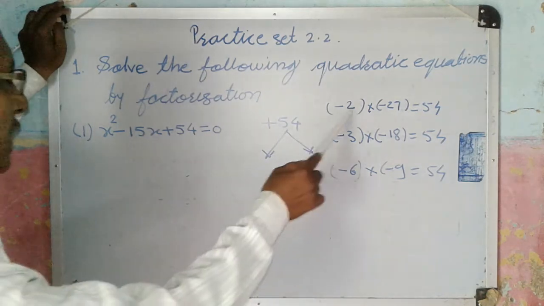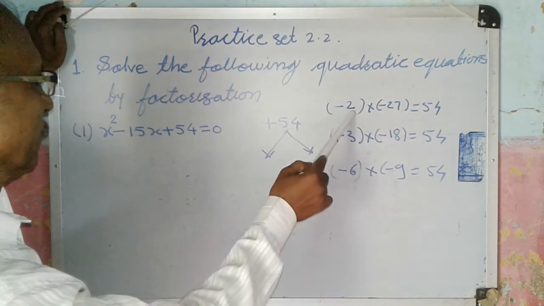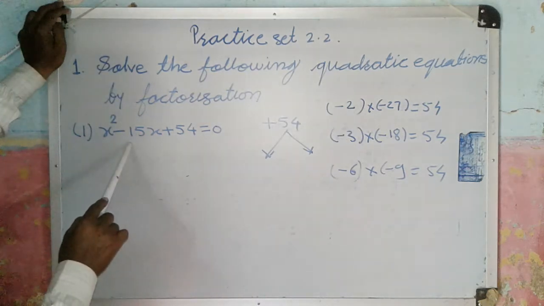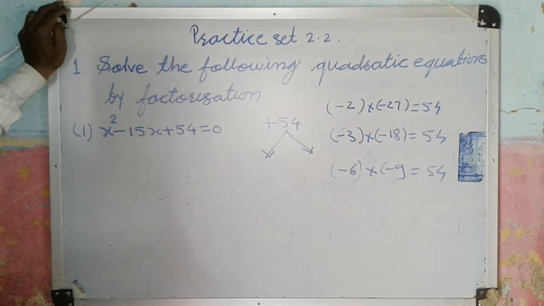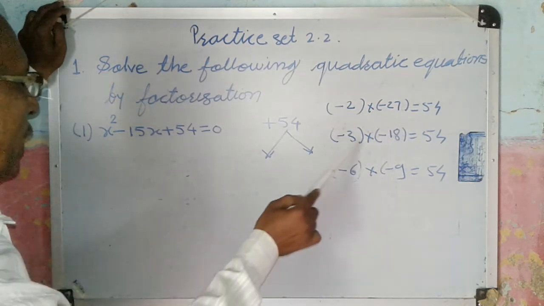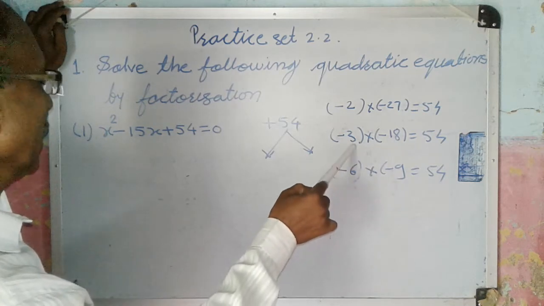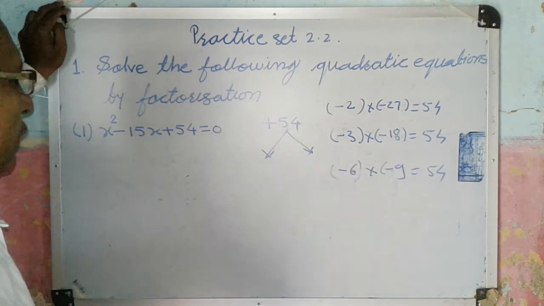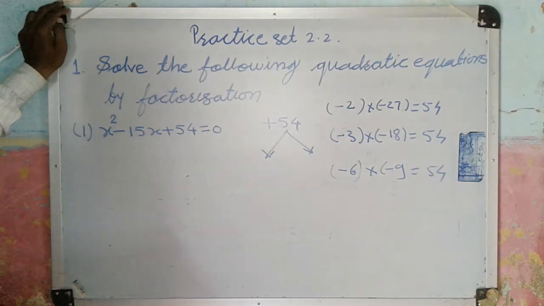Now if you take this pair, minus 2 plus minus 27, we get minus 29, but this is not equal to the middle term. If you choose minus 3 into minus 18, we get minus 21, so minus 21 is not equal to the coefficient of the middle term.